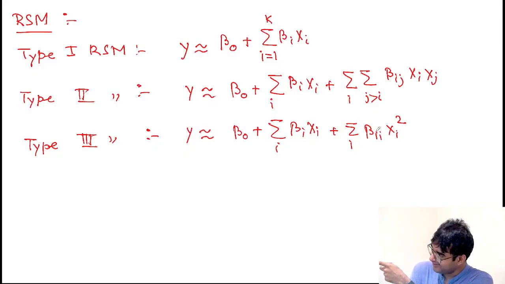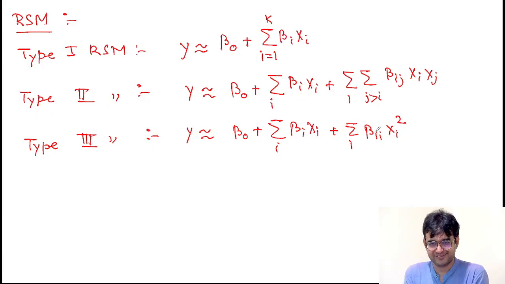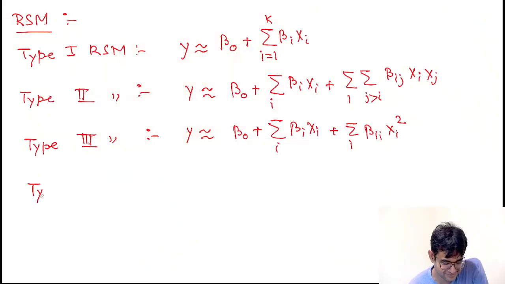The combined term was missing, right? You bring that into the picture in type 3, that becomes type 4. So xi xj was missing, right? So you keep that, that is type 4. So the original response surface models do not go beyond second order. Okay. So type 4. Obviously, none of these are used nowadays.